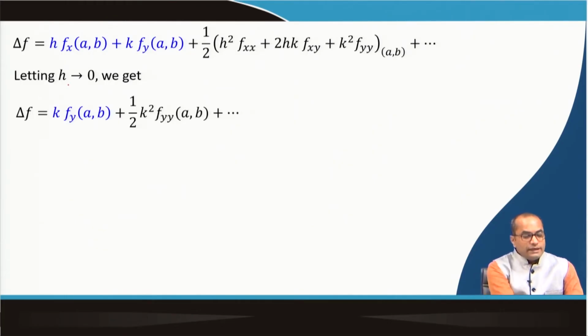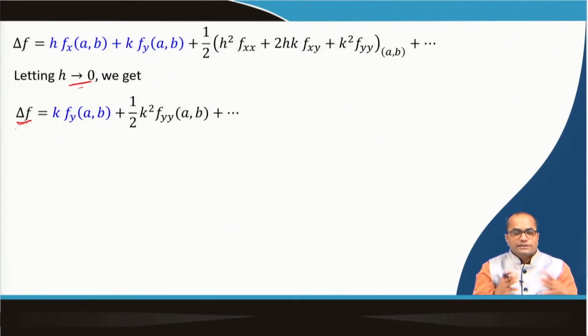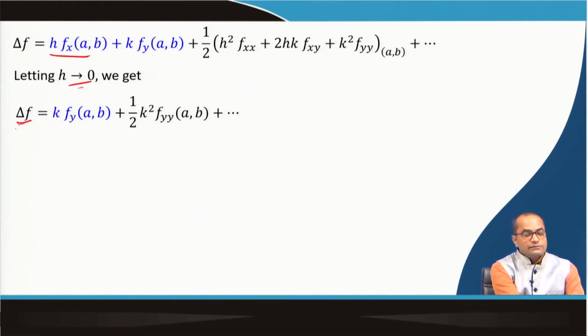Then if we let h go to 0, delta f will be k into f_y. So, delta f is the same as before, but we have fixed a point in the neighborhood along this y axis. We have delta f equal to k f_y, because we are letting h go to 0, so this term will also vanish.